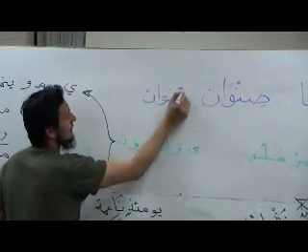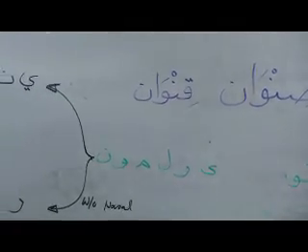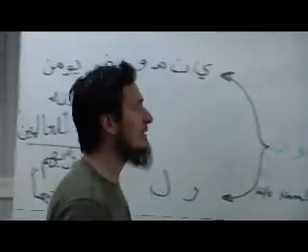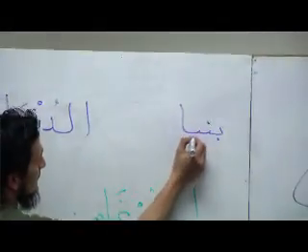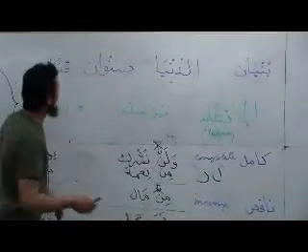The next one: Qinwan. Qinwan? No, stick to it, you don't drop it. And the last one: Bunyan. Bunyan means buildings, structures together. Dunya is life.